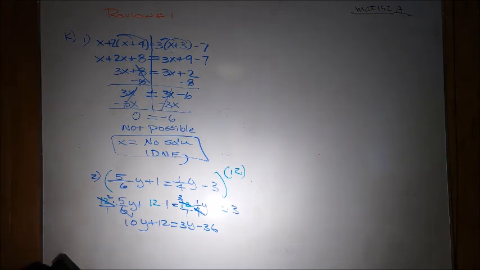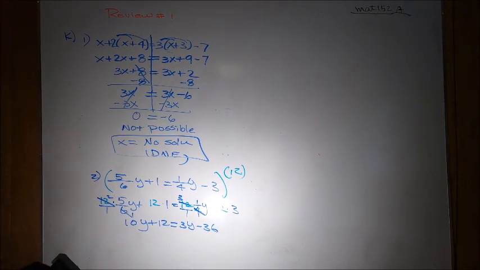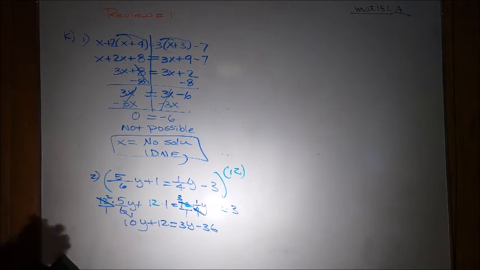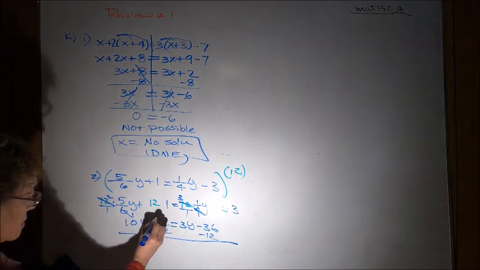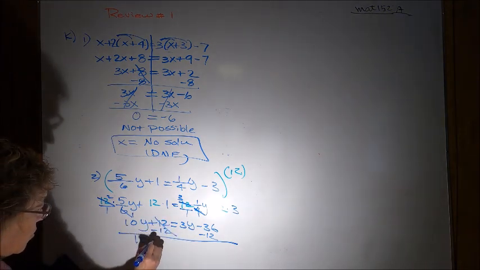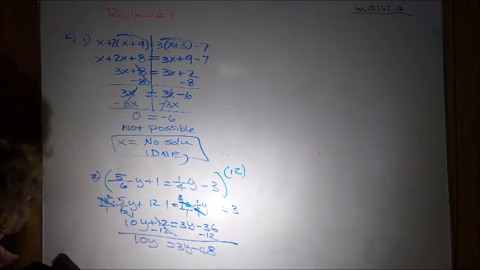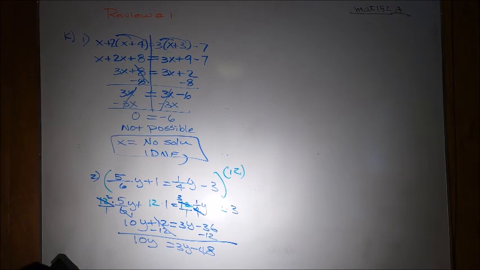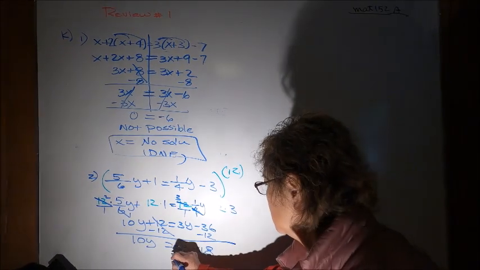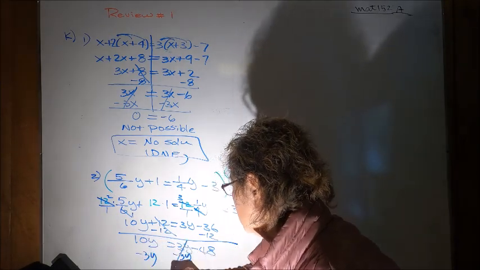Then we use our golden rule. Move numbers to another side. Move variables to the left hand side usually. So let's do the numbers first. So that would be what? 10y equals 3y minus 48, right? Then we will move the y over.